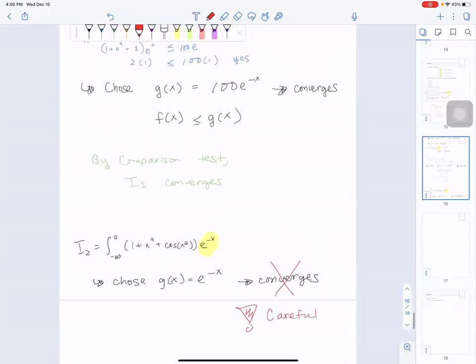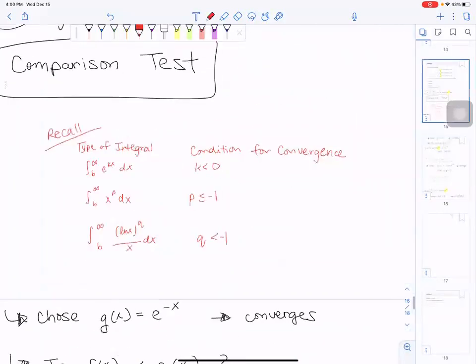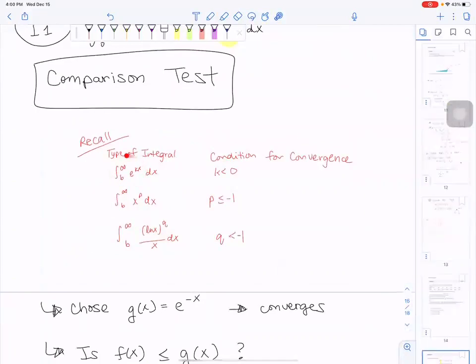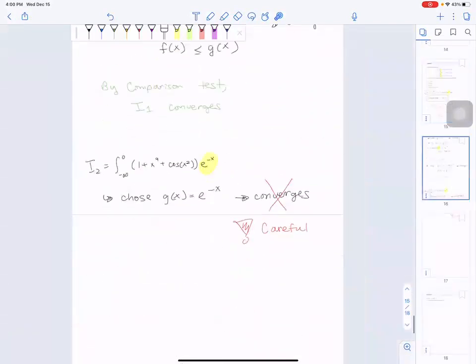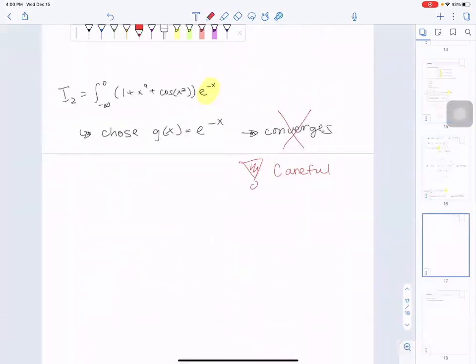Our rules above that we recalled from yesterday are specifically for the integral from some number b to infinity of e to the kx, which converged when k is less than 0. But when you flip the bounds, this same rule doesn't hold anymore. Why? Because I will prove it.